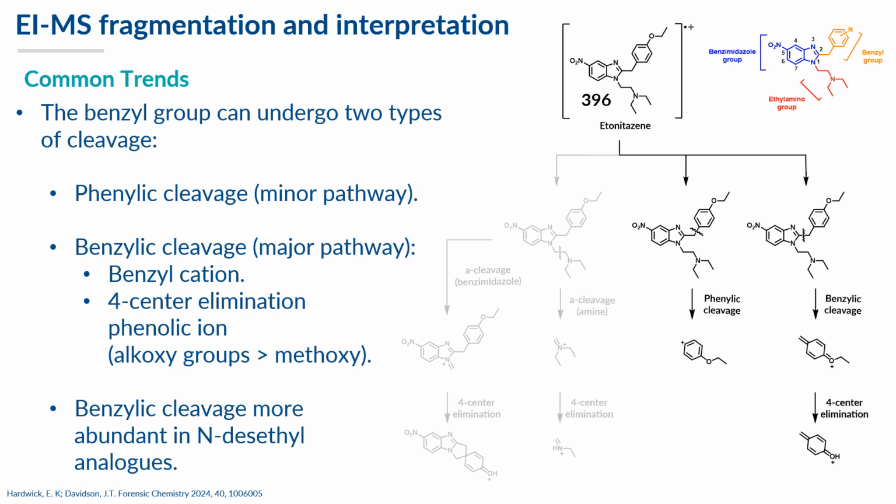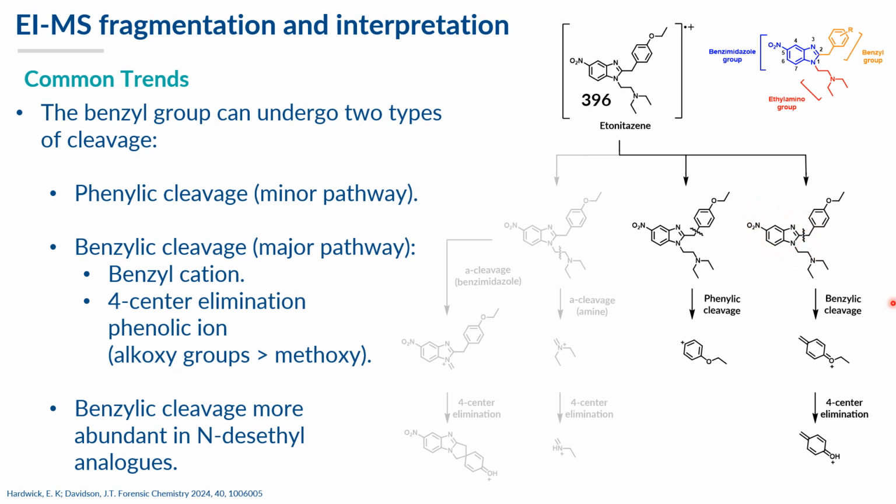The benzyl group can undergo two types of cleavage. This minor pathway is the phenylic cleavage, where it fragments at the bond adjacent to the phenyl substituent, forming this phenyl ion. But this ion is typically not observed above baseline. So we'll focus on the major pathway, which is the benzylic cleavage, which occurs at the bond adjacent to the benzimidazole core.